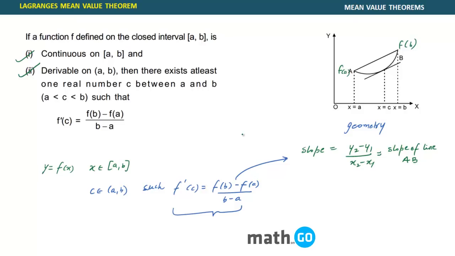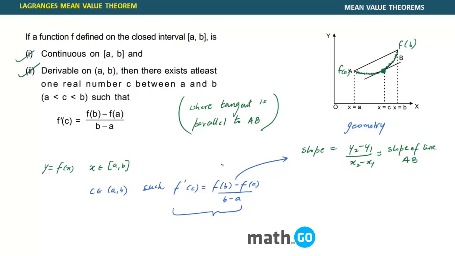So the geometrical significance of LMVT is that in this particular curve, you will definitely get a point c, where if you draw a tangent, the tangent is parallel to AB. This is the geometrical significance of LMVT.